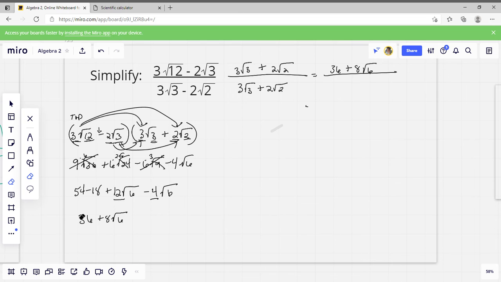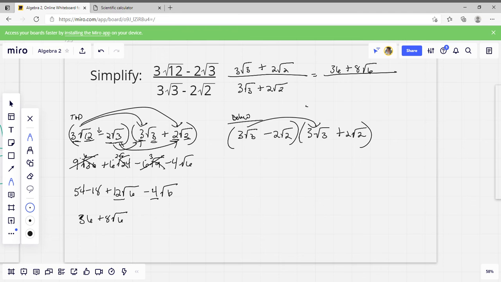All right, now we're going to do the bottom. Three times the square root of 3 minus 2 times the square root of 2. 3 square root of 3 plus 2 square root of 2. Okay, so here first, 3 times 3 is 9. And then inside the square roots, 3 times 3 is 9.